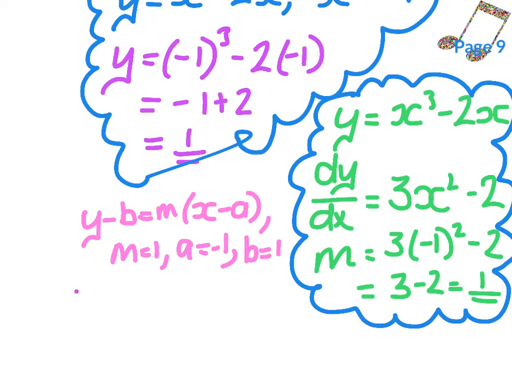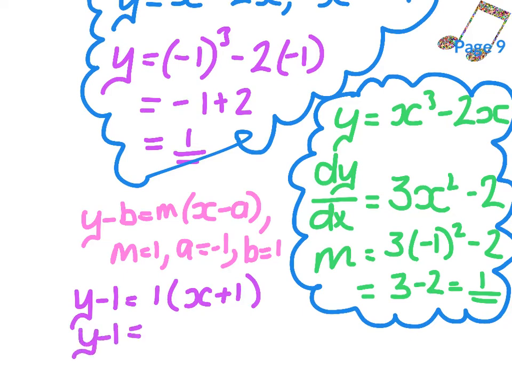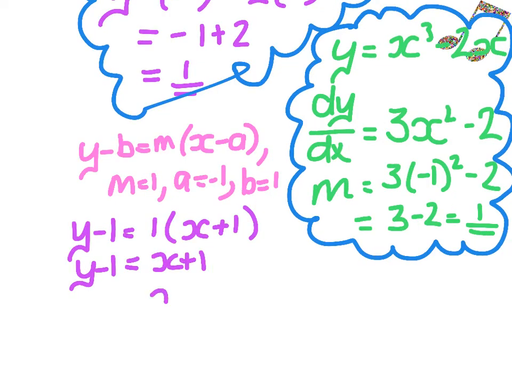So we have y minus 1 equals 1 times (x plus 1), so it's minus minus 1. Multiplying out the brackets, well, it's just 1, so y minus 1 equals x plus 1. And now I'm going to rearrange. So x minus y plus 2 equals 0.